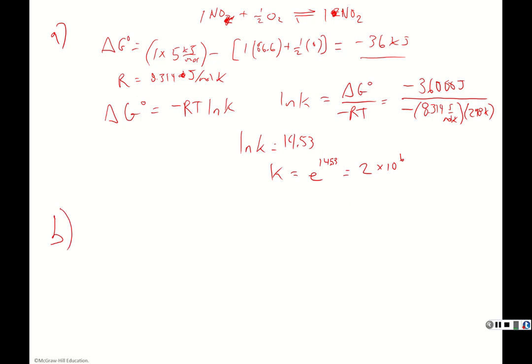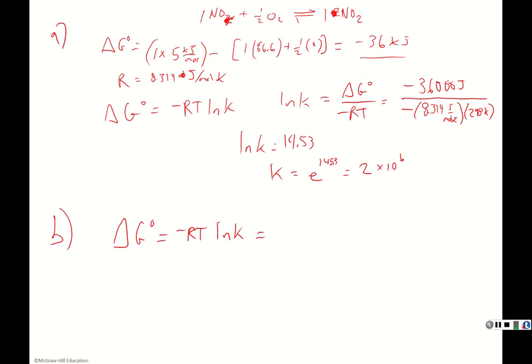In the first part, we look up a delta G value and use that to calculate a K. Now we're given a K value and we use that to calculate our delta G naught. Delta G naught, again, is equal to minus RT ln of K.